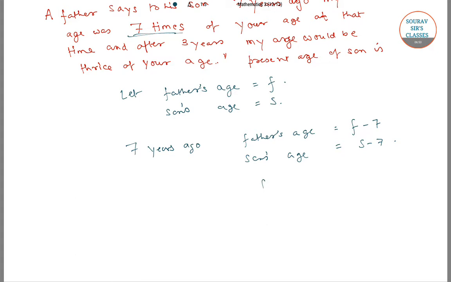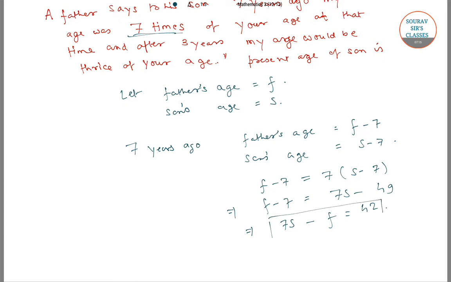So we have F minus 7 is equal to 7 times S minus 7. This implies F minus 7 is equal to 7S minus 49, which implies 7S minus F is equal to 42. Let us denote it as equation number 1.